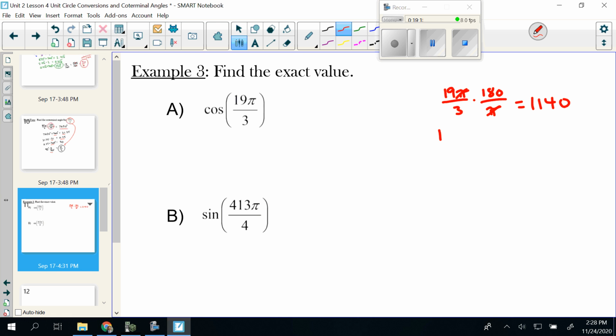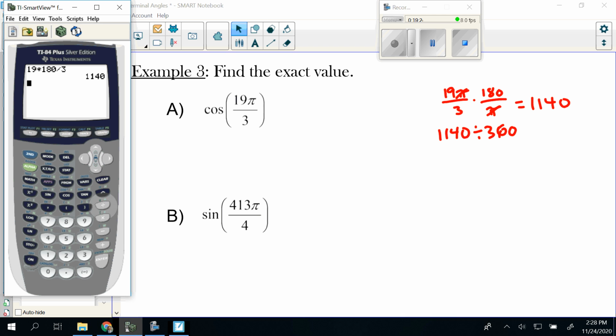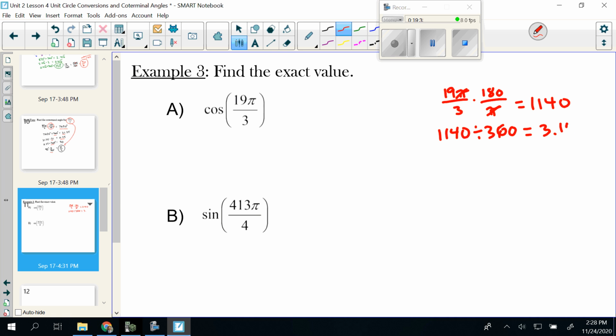Let's divide that by our period here, so divided by 360. If we do that, looks like we're traveling around the circle 3 times with a little bit more. So we get 3.16 repeating.